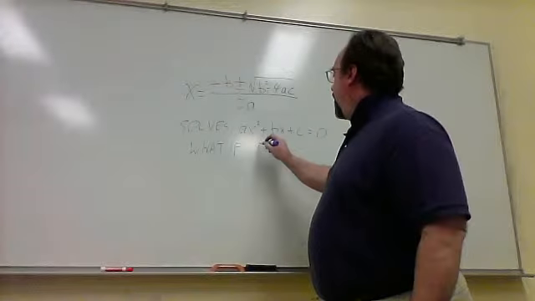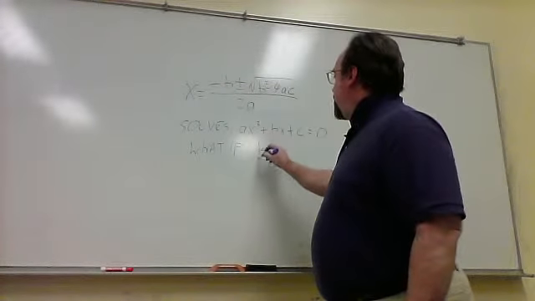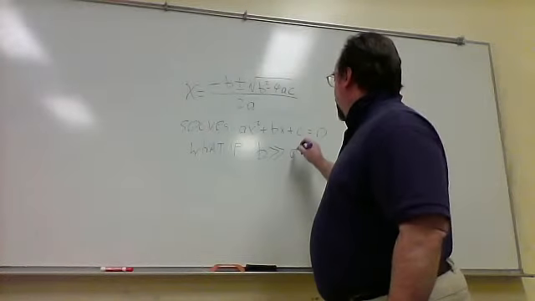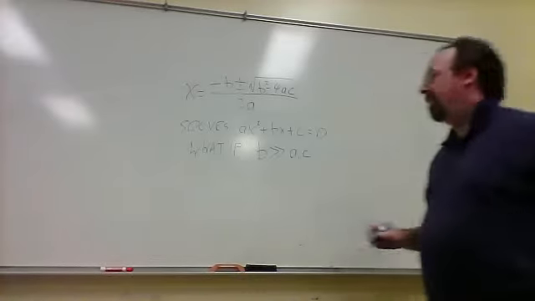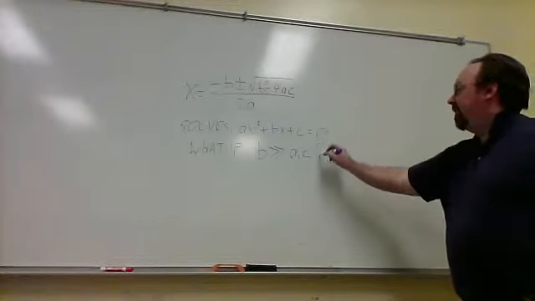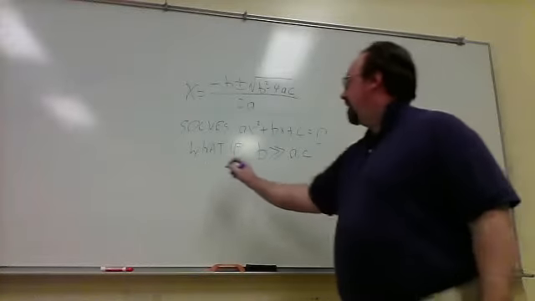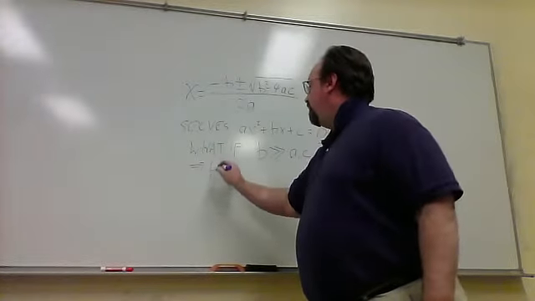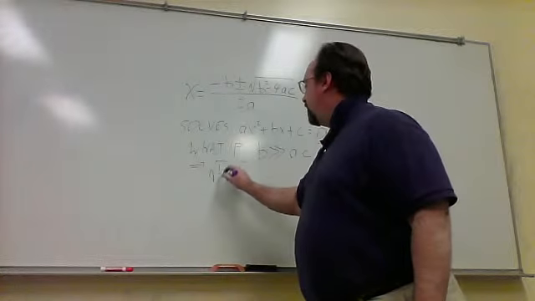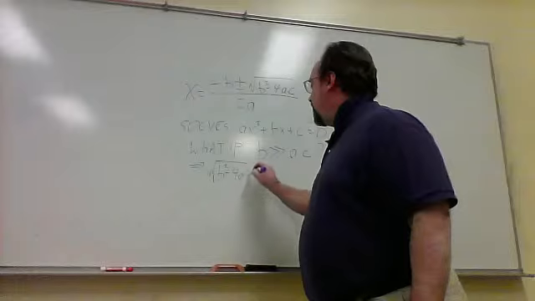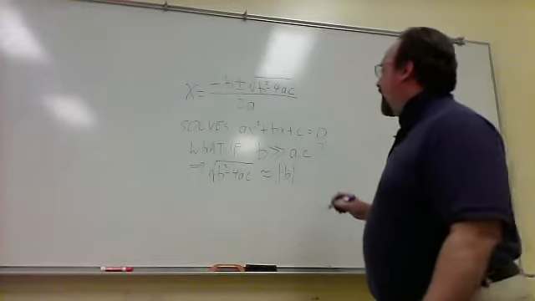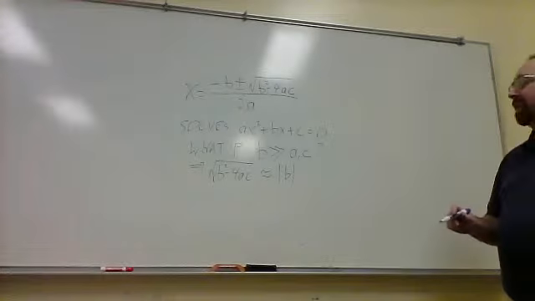So what if b is much, much greater than the other coefficients, a and c? Then what happens is this square root of the discriminant, so b squared minus 4ac, is going to be approximately just the absolute value of b.